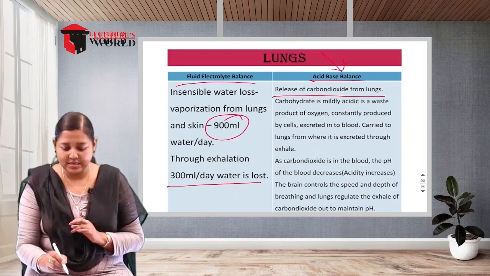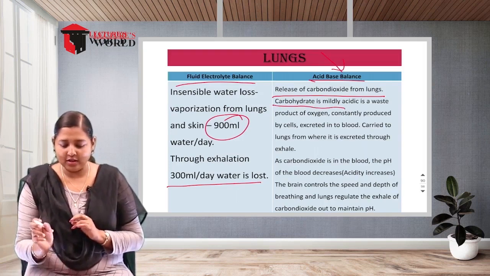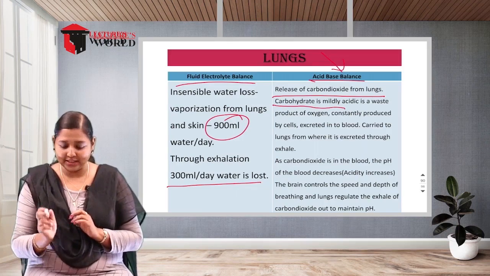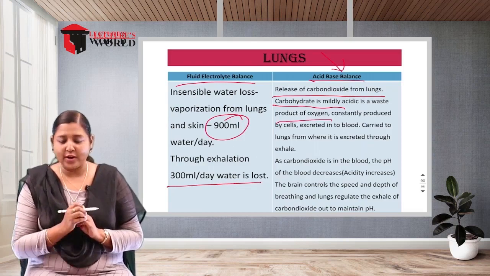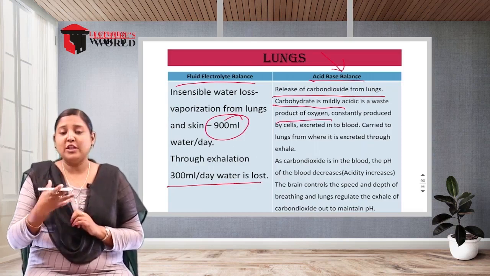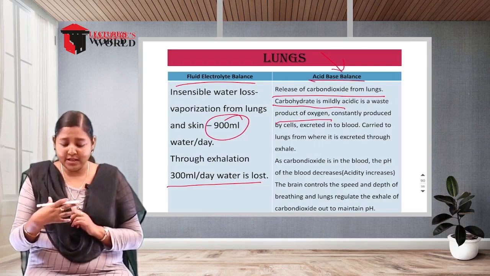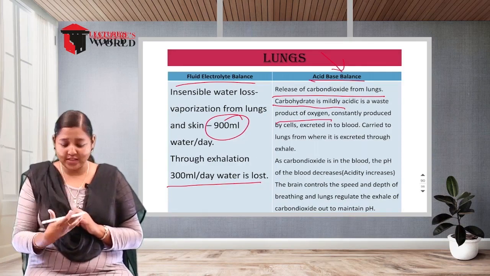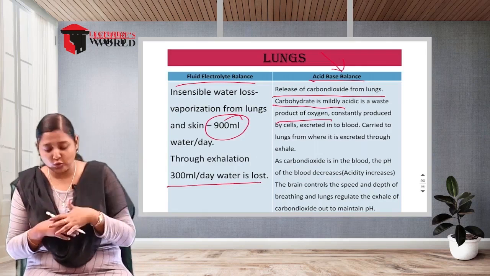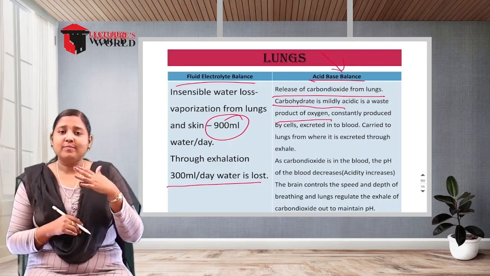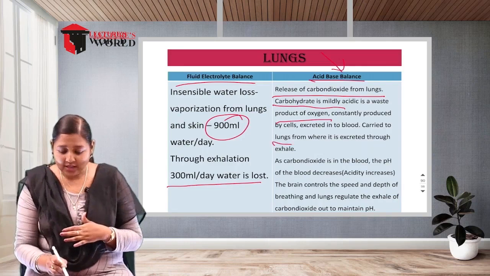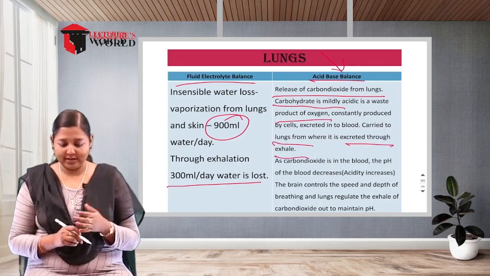Carbon dioxide is a mildly acidic waste product. When you take in oxygen, carbon dioxide is formed, which is carried in the blood to the lungs, and from there it is excreted through exhalation.